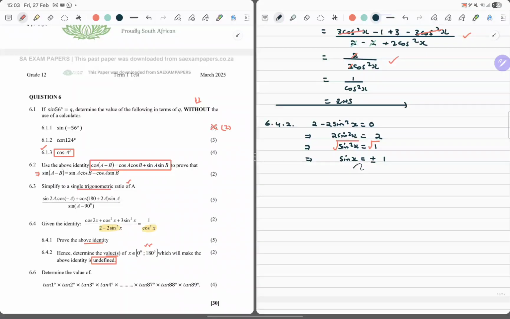So now, what is this? This is already telling us that essentially x must be equal to, when sine is 1, 90 degrees. Is there any other? No. Because when it's minus 1, this is when it is 270.